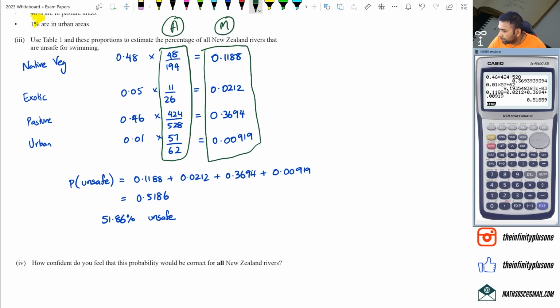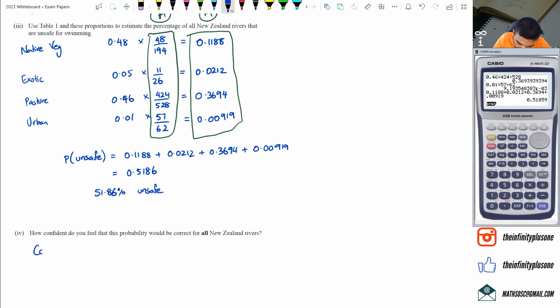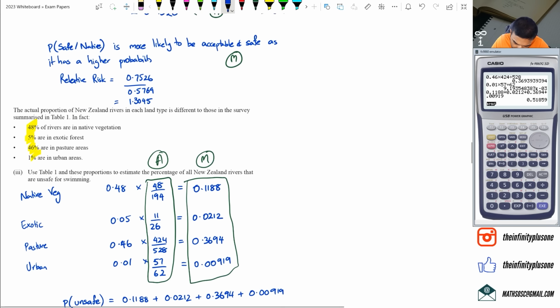Okay, so now the follow-up for this question is looking at how confident you feel that this probability would be correct for all New Zealand rivers. There's always two answers in this. The first one is you could be confident. If you say that you're confident, you can talk about how the sample size is 810, which is quite large, and the data has been collected by LAWA.